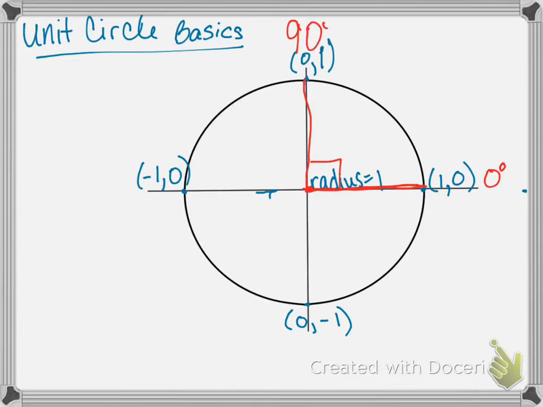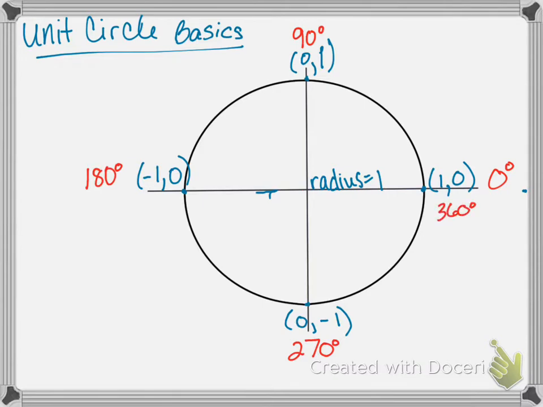If I were to go halfway around the circle, that is 180 degrees. The next point would be 180 plus another 90 degrees, which is 270 degrees. And then if we went full circle, that would be 360. So this point right here has two different values depending on how far around the circle you go. It's 0 degrees or 360.